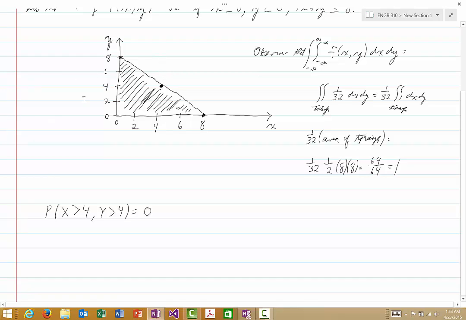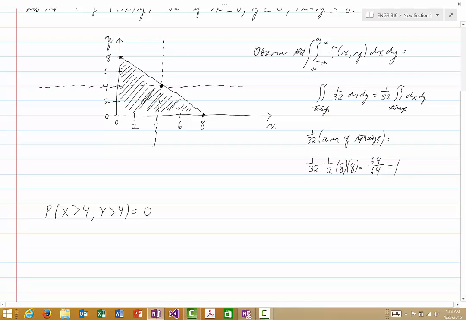The probability that y is greater than 4 is everything above this dashed line, and the probability that x is greater than 4 is everything to the right of this dashed line.